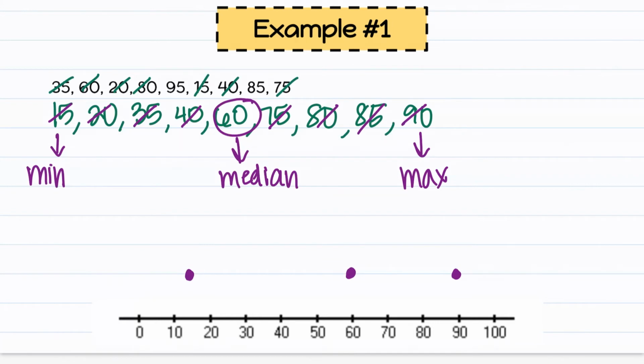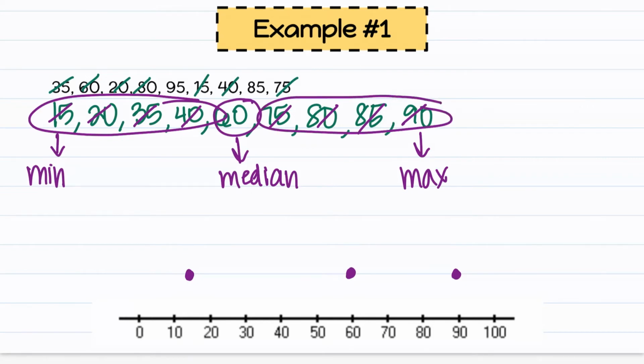So now my data is actually separated into a lower half and an upper half. Finding my value for quartile 1 will be the median of the lower half. So the median of the lower half will be between 20 and 35, which is going to be 20 plus 35 divided by 2.